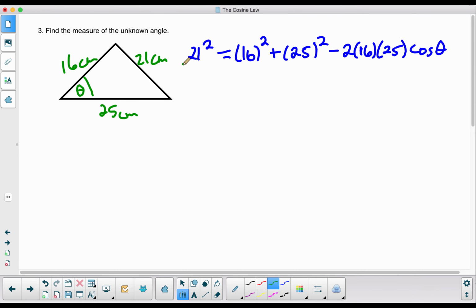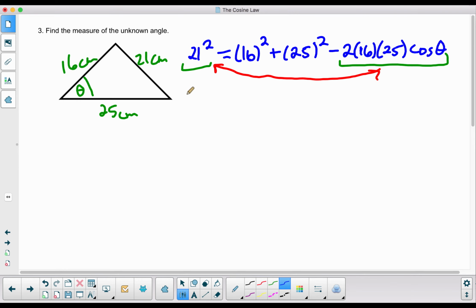Now, since this term over here is a negative, what I like to do is first rearrange the formula to make the term I'm solving for positive. So I'm going to move this term over to this side, and it's going to make this term positive. And then I'm also going to move this term to the other side, which is going to make it negative.